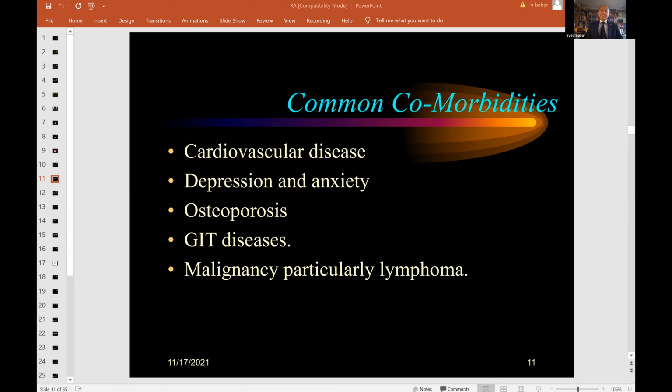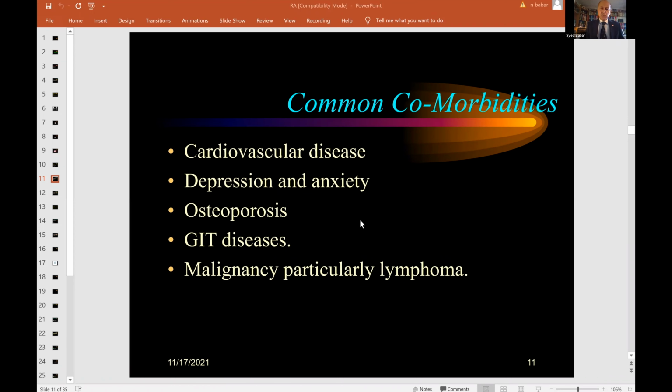So with which diseases does rheumatoid arthritis remain associated? And so we can see statistically that cardiovascular diseases such as peripheral arterial disease, heart failure, and functional diseases of the heart, anxiety and depression, osteopenia and osteoporosis, GI tract disorder such as inflammatory diseases like ulcerative colitis, Crohn's colitis, and also cancer.